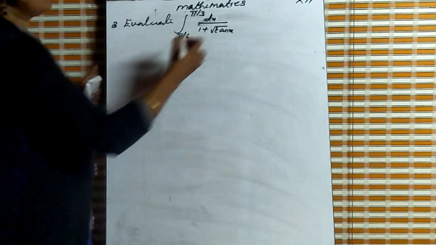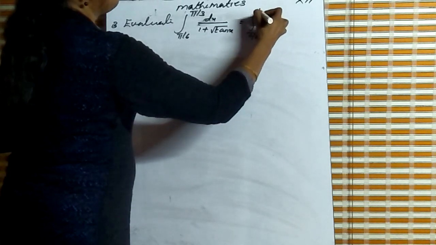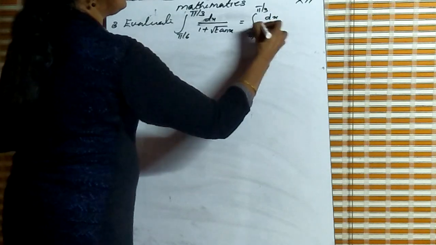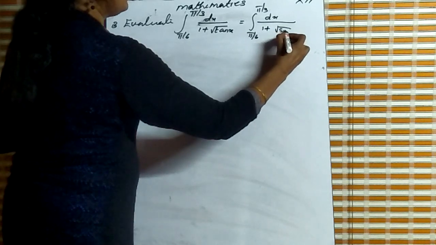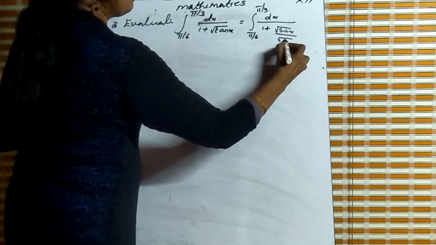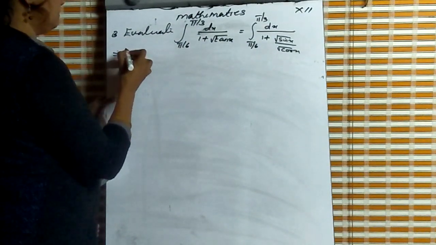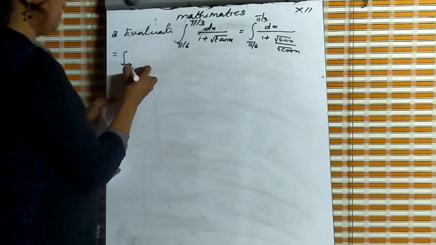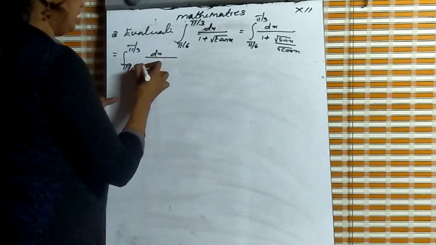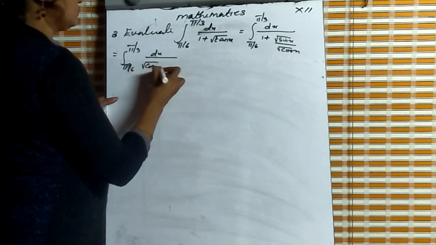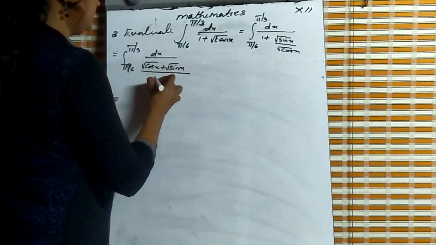This is the question. First, it is equal to the integral from pi by 6 to pi by 3 of dx divided by 1 plus square root of sin x by square root of cos x. We take the LCM, root cos x. This is the integral from pi by 6 to pi by 3 of dx divided by root cos x plus root sin x, divided by root cos x.